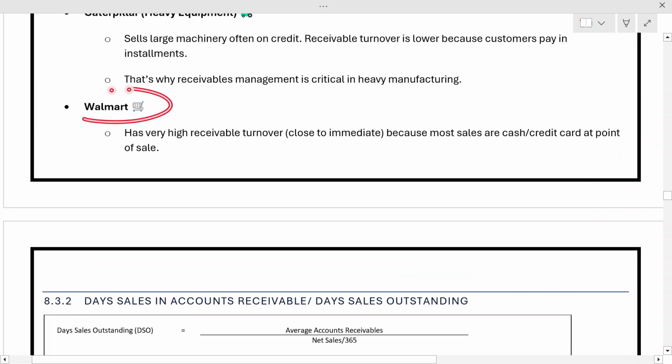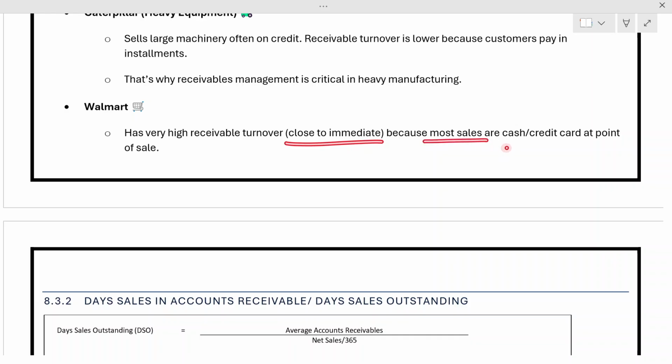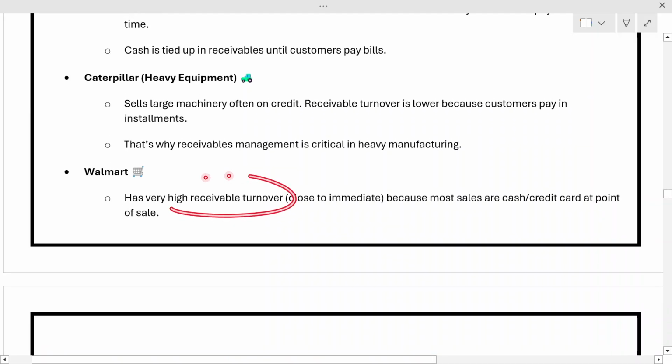Walmart has a very high receivable turnover, close to immediate, because most sales are on a cash basis. So Walmart sells immediately and gets cash immediately, so there is a high receivables turnover ratio.